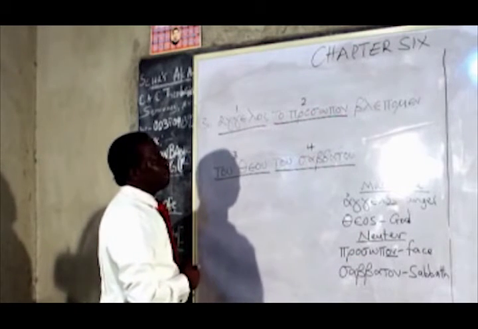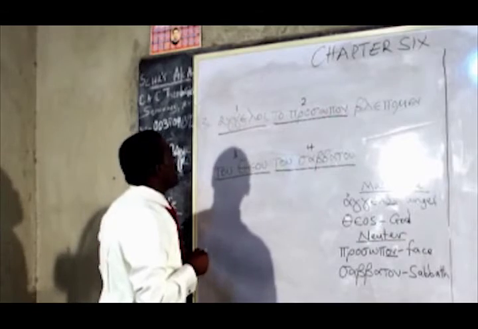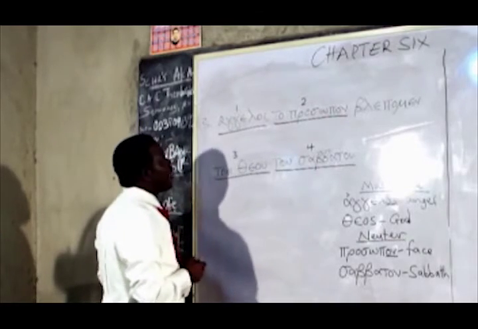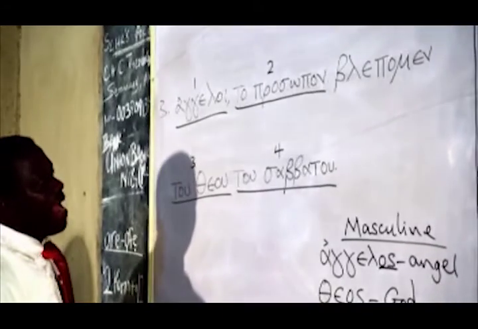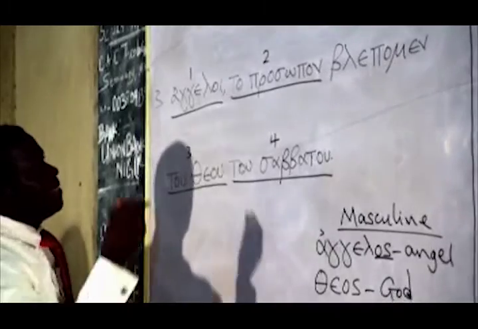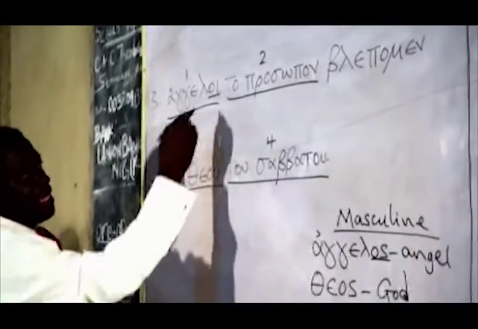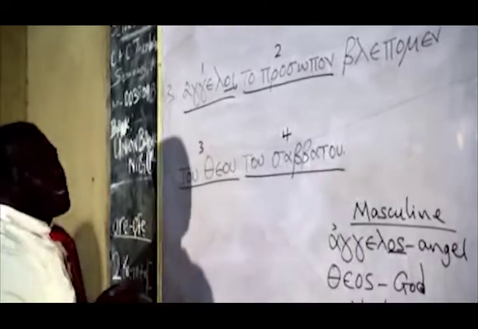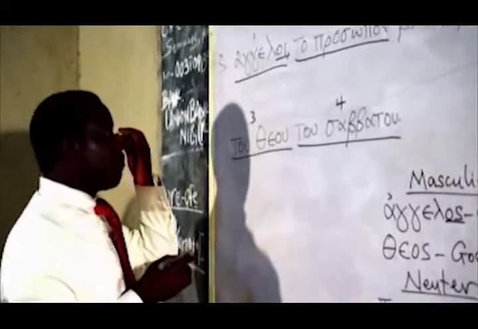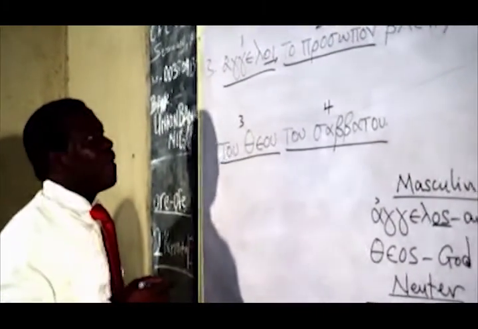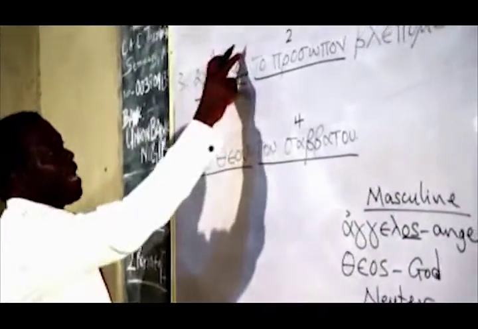Then we identify their functions. The first one is angeloi. Angeloi has a vocative ending, and that's why there is a comma. Vocative is person address, and it's in the plural.